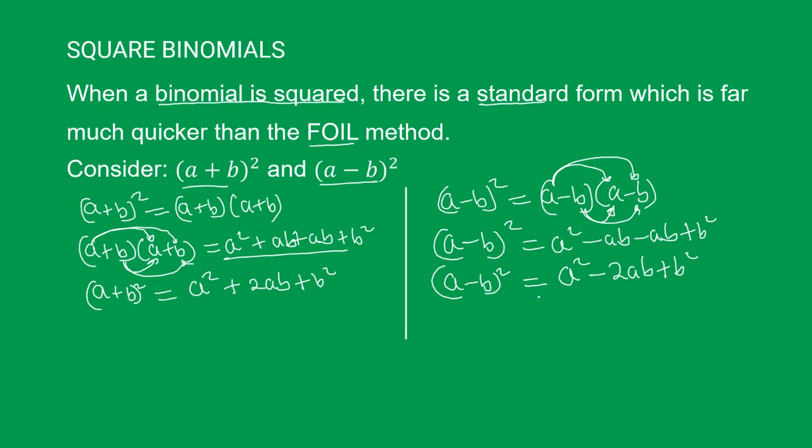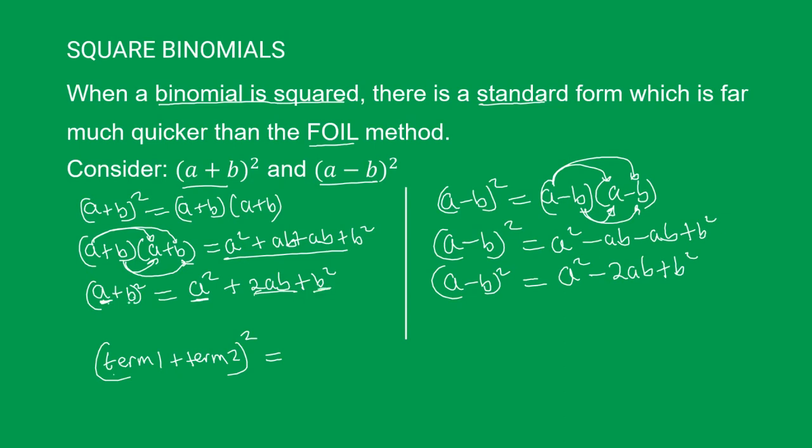If you check this, we can generalize. In general, if you have (term 1 + term 2) squared, what do you get? You square term 1. Like here, we square a, and you get a squared. And then you say 2 times a times b, that is 2 times term 1 times term 2.